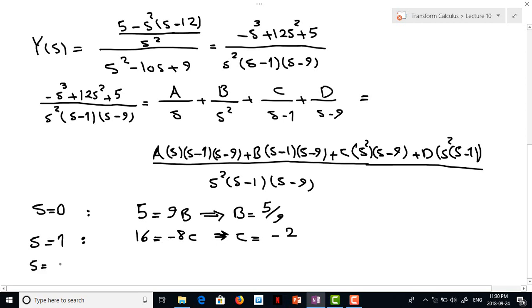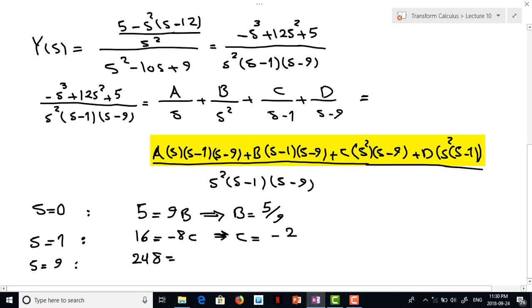Now I plug in s equal to 9. So the left side of the equation is minus 9 to the power of 3 plus 12 times 9 squared plus 5. So it's going to be 248. On the right hand side of the equation, 9 minus 9 is 0, so the b term is 0, and the c term is 0.